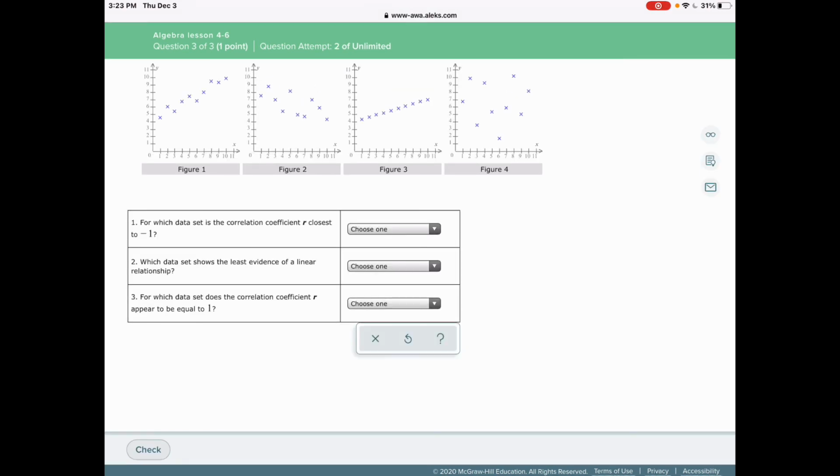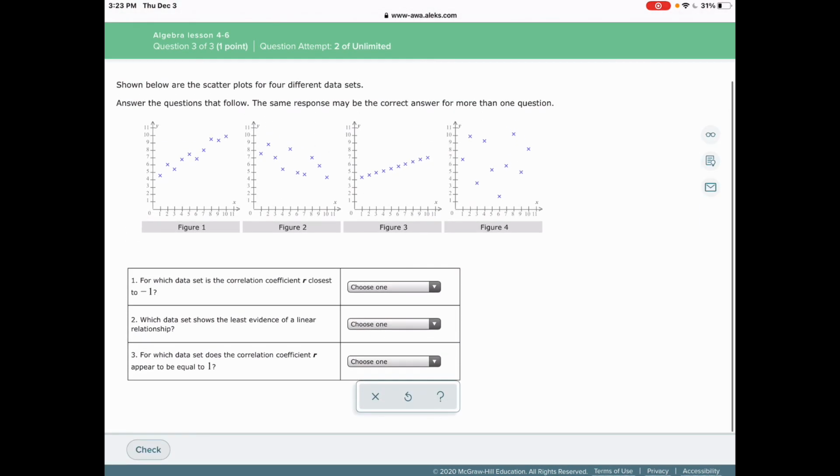All right, in this one, we are looking for that R number. If I look at figure 1, I would say that is close to 1, but not exactly. Figure 2, I would say is not quite close to -1, but it's on the way to -1. Figure 3 is getting pretty close to a perfect 1. And figure 4 looks totally random.